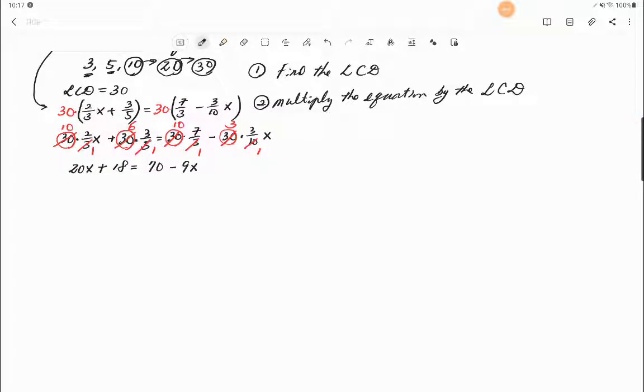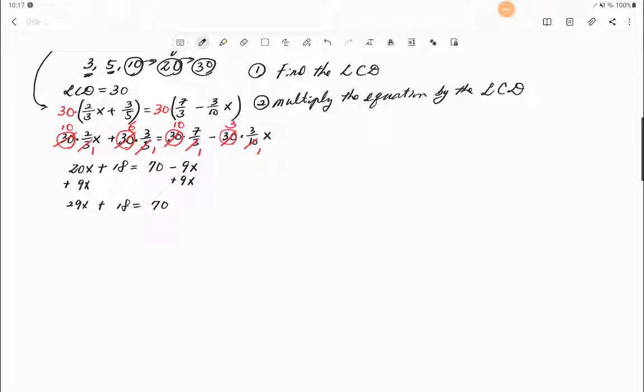So as you see, there's no denominator. The denominator is gone, so it's much easier to find the solution. Let's move minus 9x to the left. What we do is remove negative 9x by adding 9x. So that is 29x plus 18 equals 70.